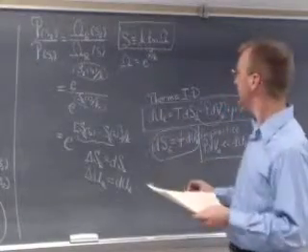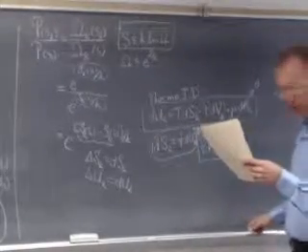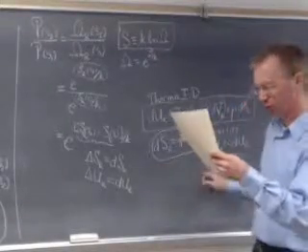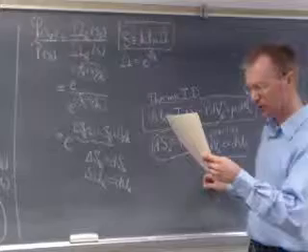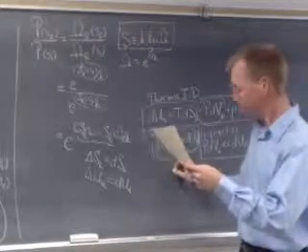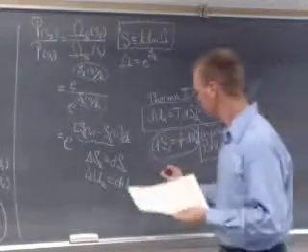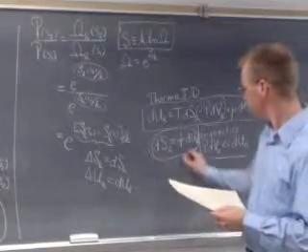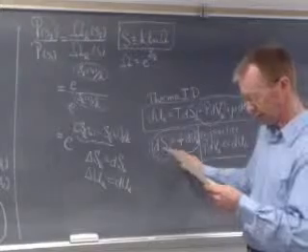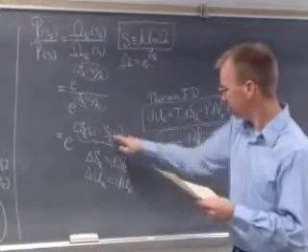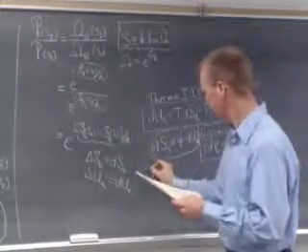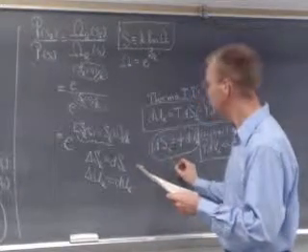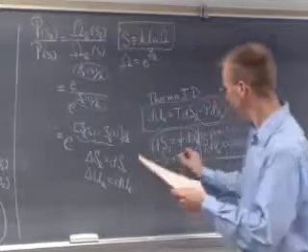So, I'm trying to think how I should space this all out here. I'll try to do it all on one board. So I want my dS. dS is the change in the reservoir's entropy.